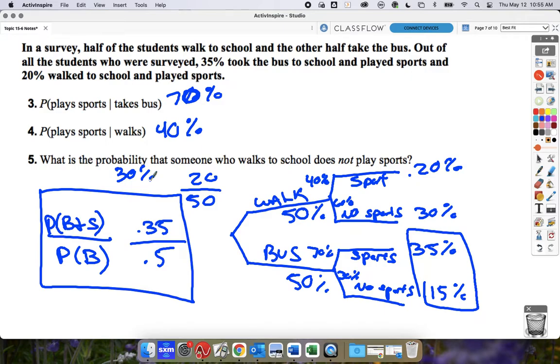The 60% is the probability that you do not play sports given you walk to school, versus the probability that you walk to school and do not play sports. Now I'm confused. Is it 60? Is that a given statement?